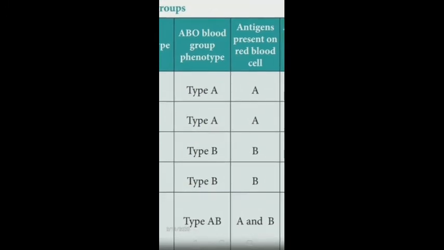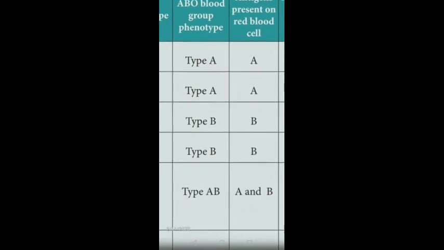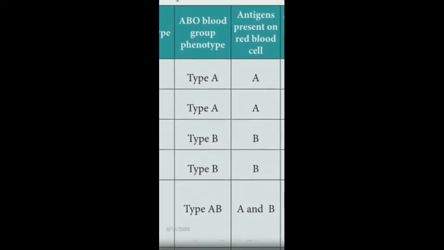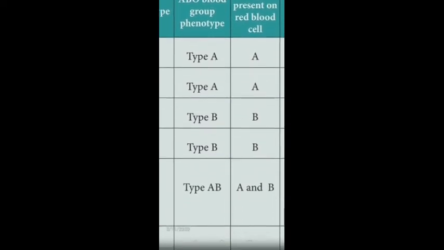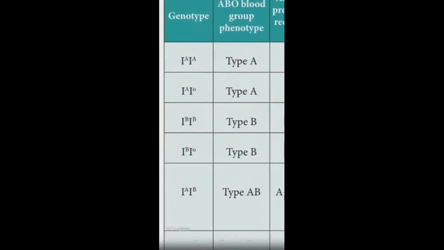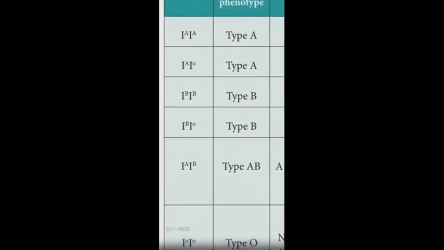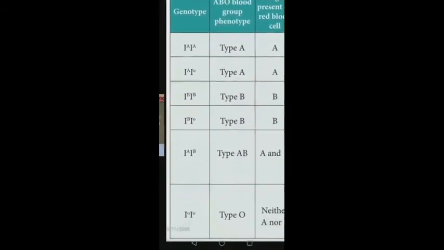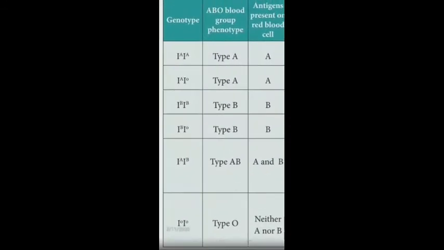Here the child receives one of 3 alleles from each parent, giving rise to 6 possible genotypes and 4 possible blood type phenotypes. The genotypes are IA IA, IA IO, IB IB, IB IO, IA IB and IO IO. Can you all see? 1, 2, 3, 4, 5, 6.